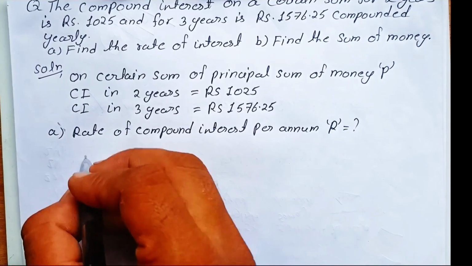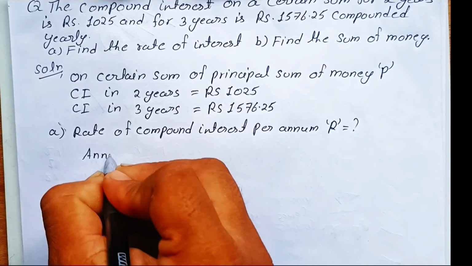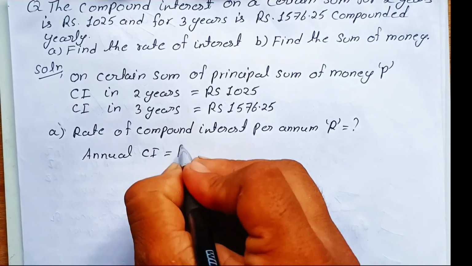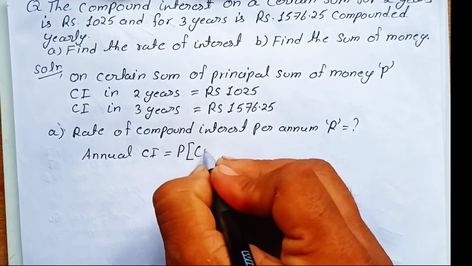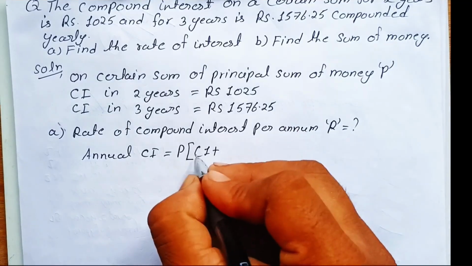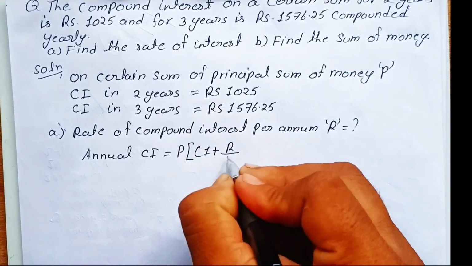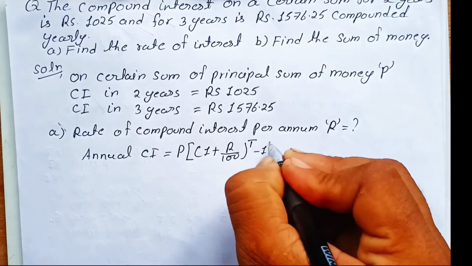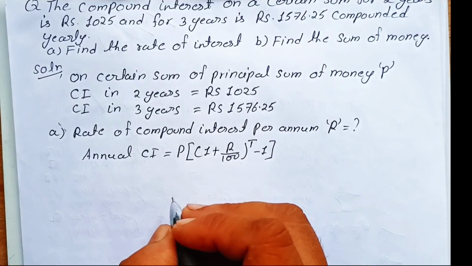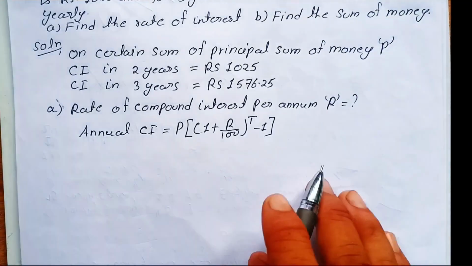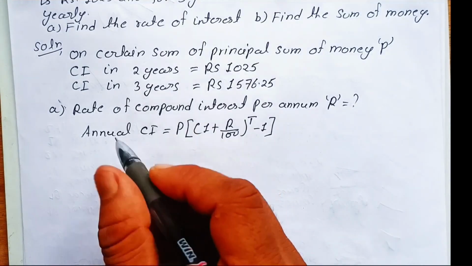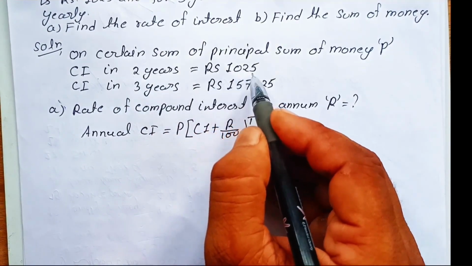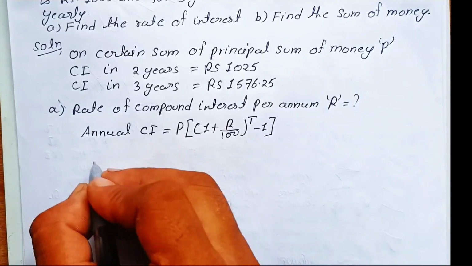So the formula for annual compound interest is P times (1 plus R upon 100) to the power T minus 1. And as per the condition, CI in 2 years is Rs 1025.